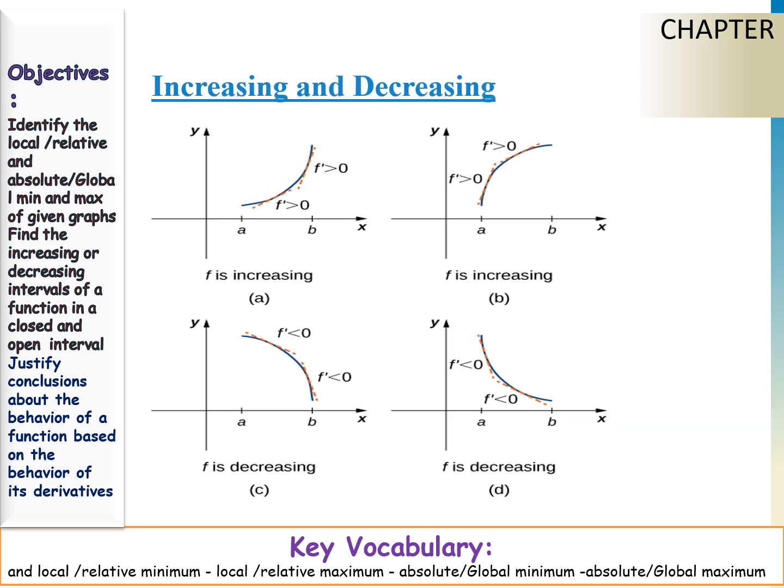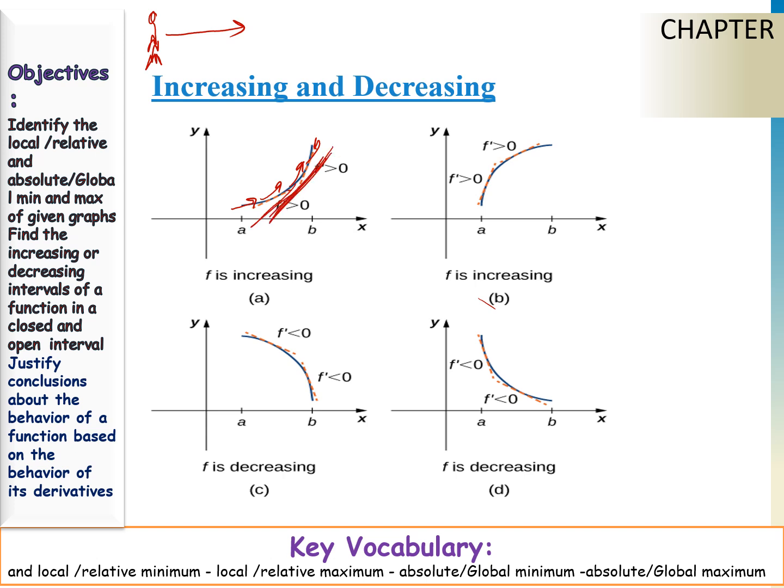Okay. Now over here, increasing and decreasing intervals. In terms of calculus, a function is always studied from left to right. You are studying here, starting from here and going to the right side. What is happening? The graph is increasing, and if you make a tangent line anywhere, let's suppose here, what have you seen?